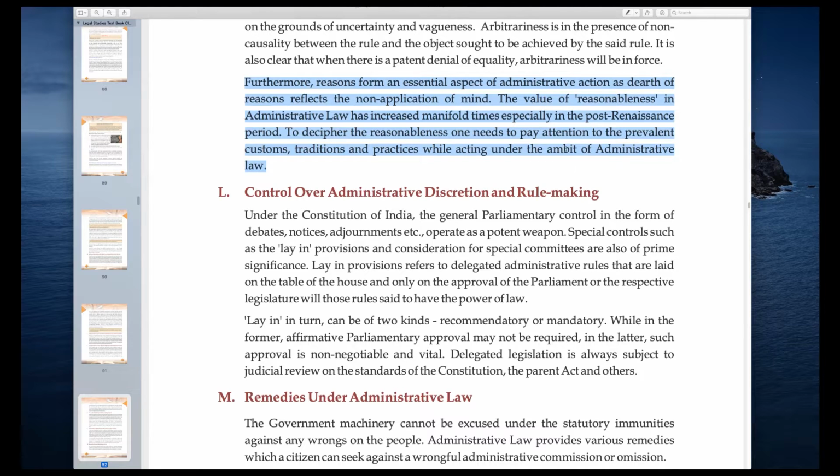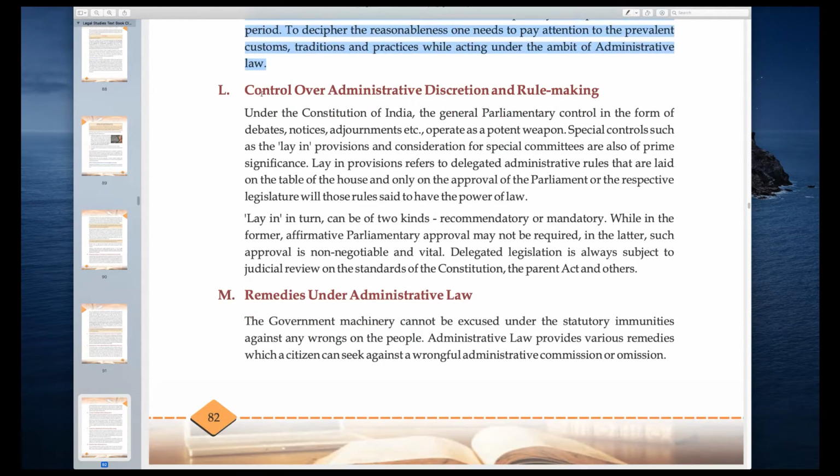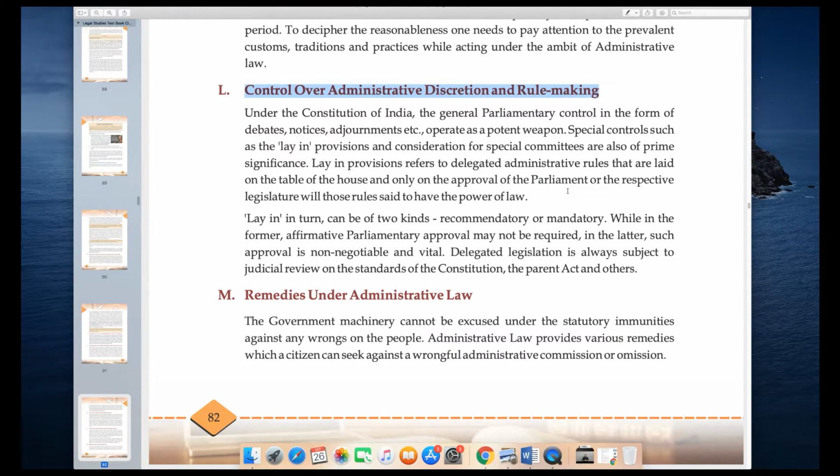Now the next topic that we have is control over administrative discretion and rule making. What does it mean? The term that is somewhat misunderstood at this point is of course discretion.